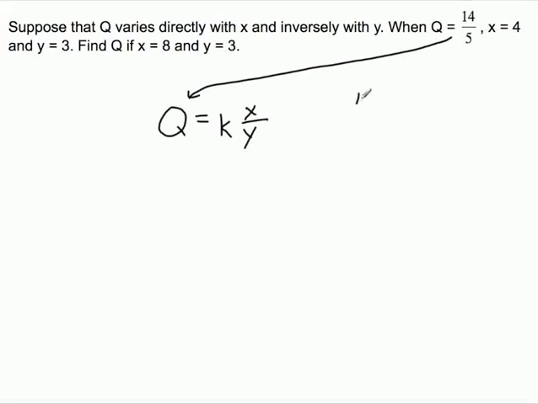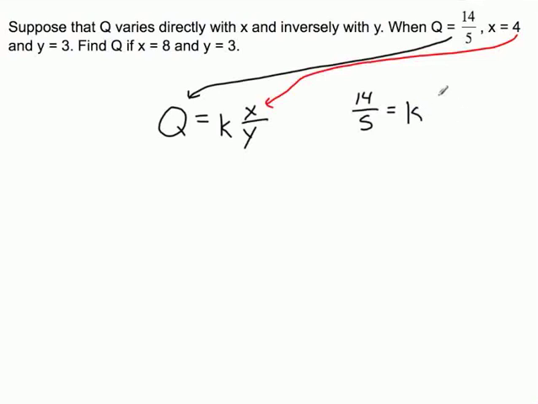So we have 14/5 equals. This guy is going to go right here. So we're going to have the constant k, so let's leave k black. And then we're going to have 4 over, now y, we know is going to be 3.